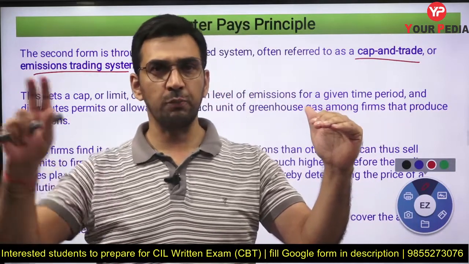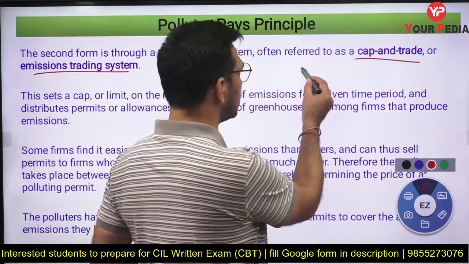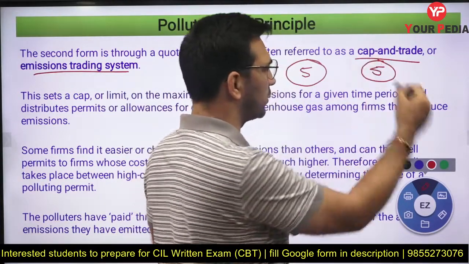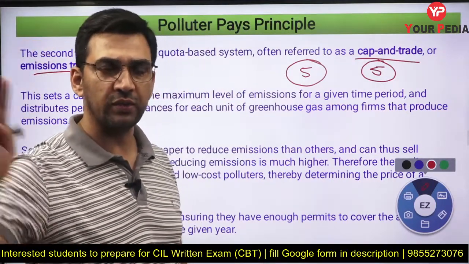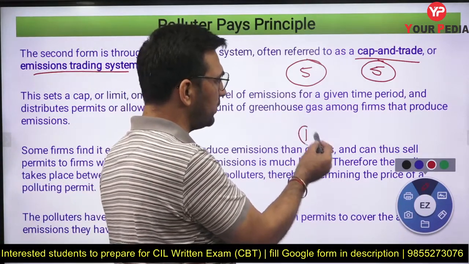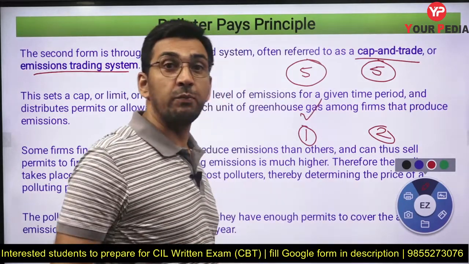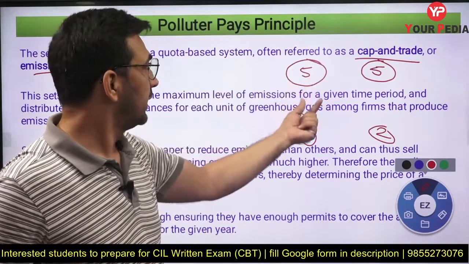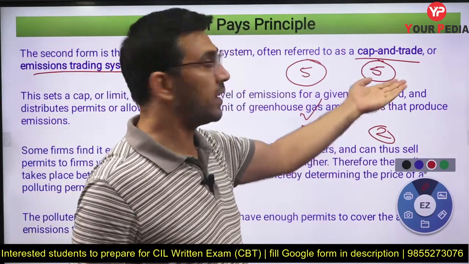Similarly, you have put a limit on the other entity also. Let's say on one entity you are saying 5 units, and on the other entity also 5 units. This is the cap limit that you have imposed, and you have given the target. Now it may happen that one entity may not be able to reduce the carbon dioxide equivalents of 5 units, whereas the other entity may be able to reduce more.